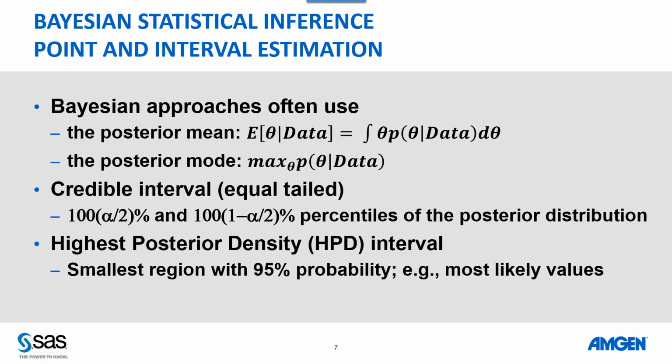It tends to be narrower than the credible interval. But if you have a distribution that is bimodal, it can look a little funky. But we tend to use the HPD interval in calculations. But PROC MCMC will produce both.